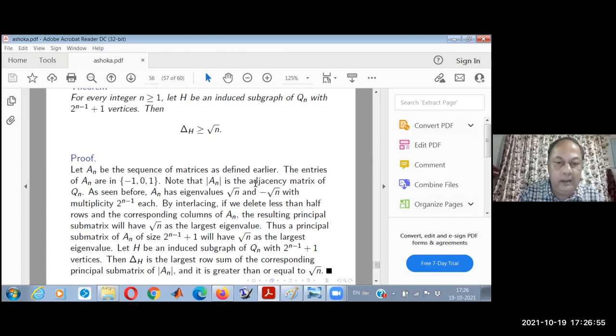I hope this is clear; we went a little fast. I did not write this formally, but the idea is to use the signed adjacency matrix and then apply interlacing for that submatrix.